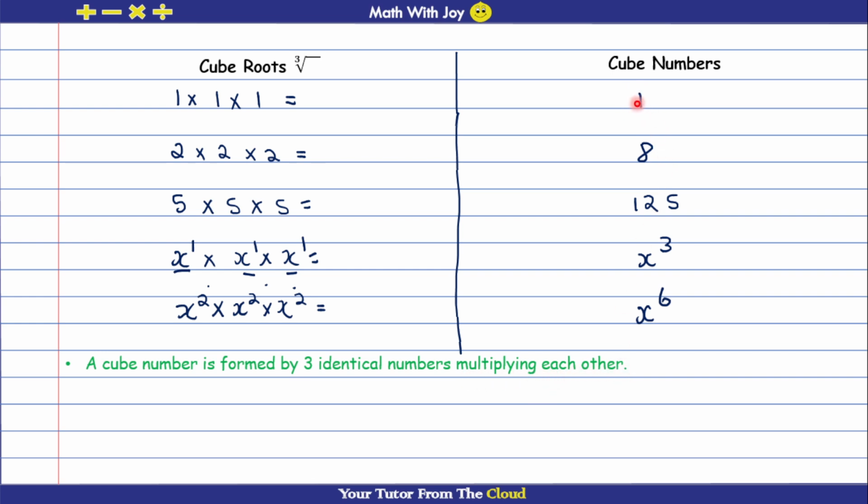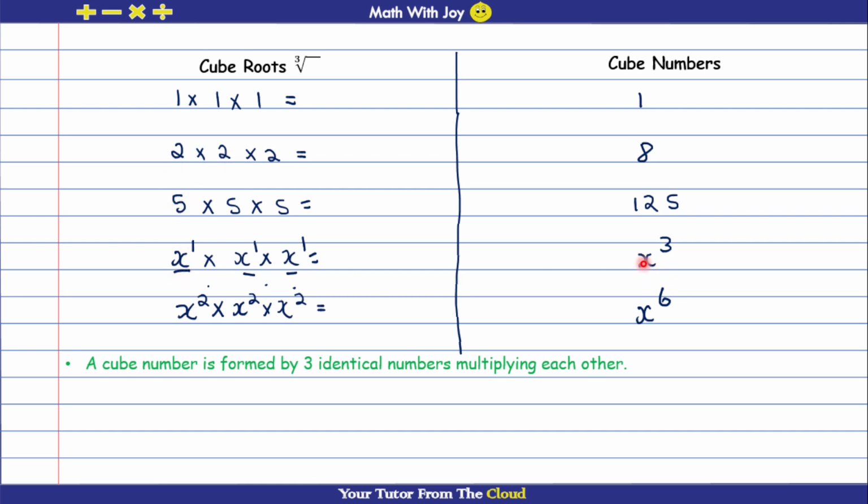For example, 1 is formed by 1 times 1 times 1. 2, 2, 2 are identical and multiplying each other, and they give you 8. And 5 times 5 times 5 gives you 125. So that's our cube number, while 5 is your cube root.